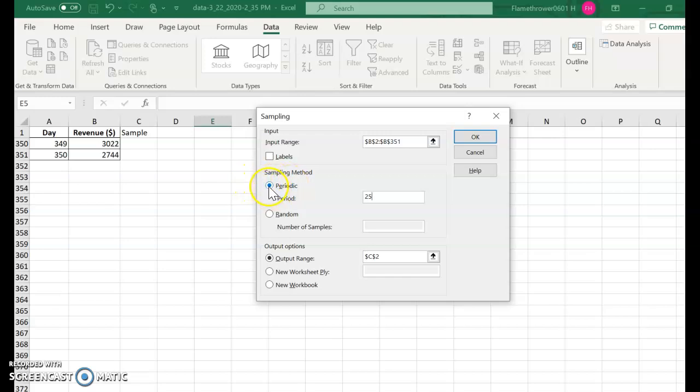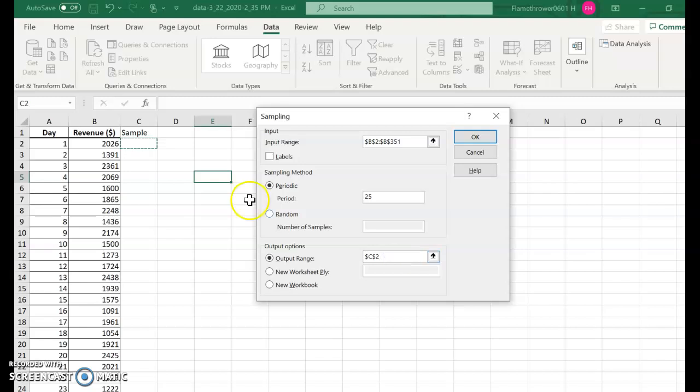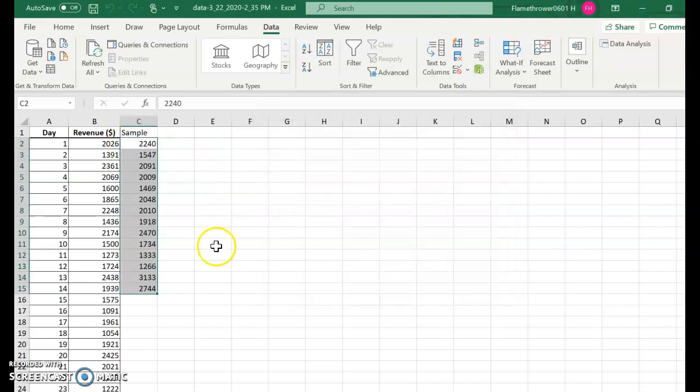Make sure you click on Periodic first. And then your output range is just going to be your first cell, this cell. And then we have our sample.